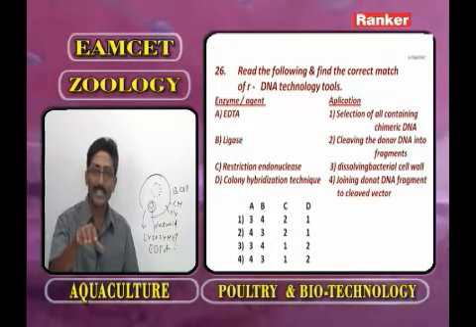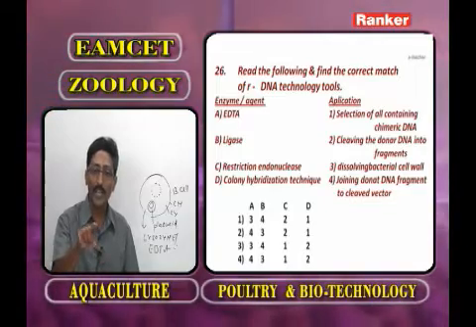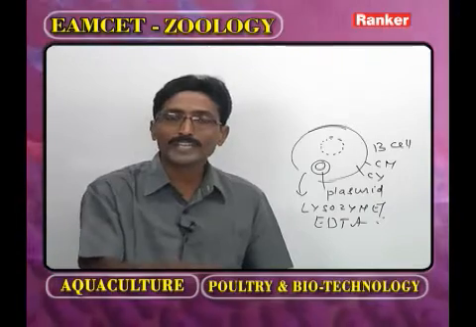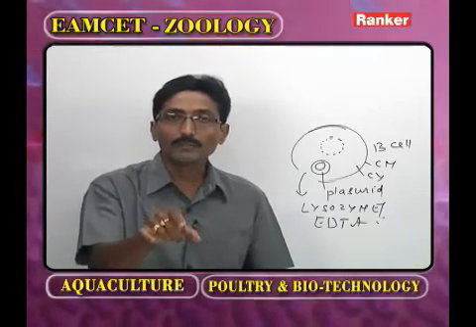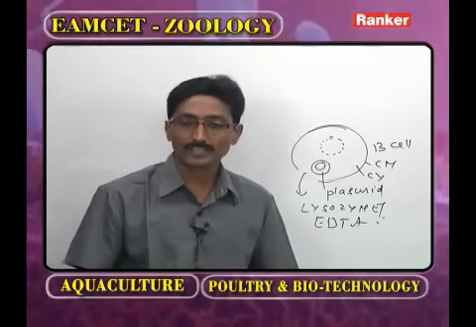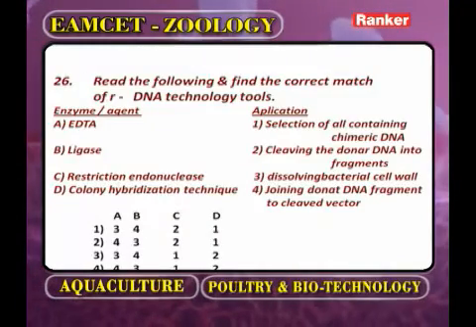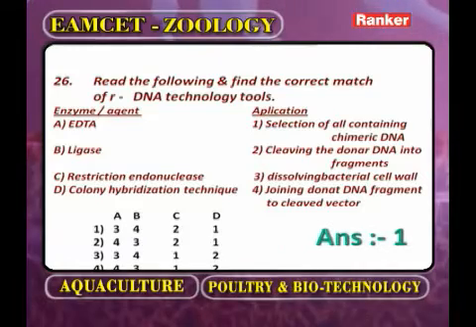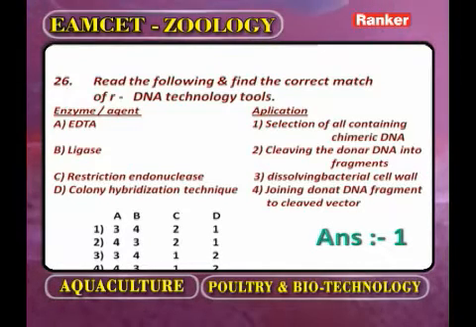After completing the culture in the laboratory, we have to identify the cloned DNA with the help of genetic markers or colony hybridization. Based on this information, you have to find the answer in a fraction of a second. The answer is the first one.